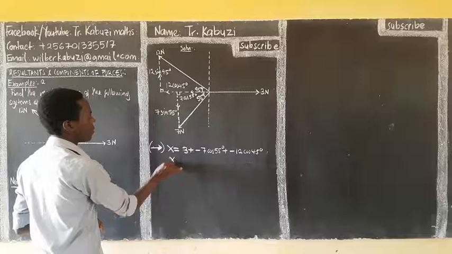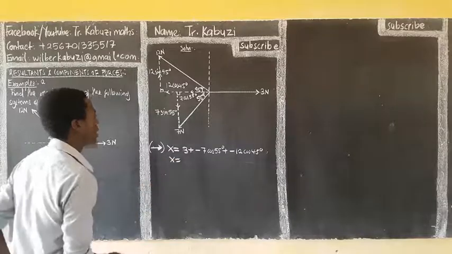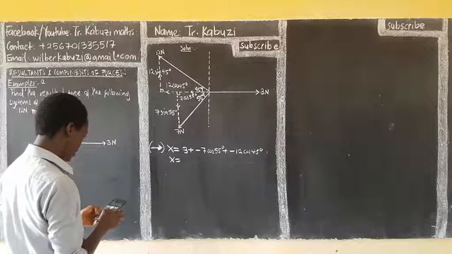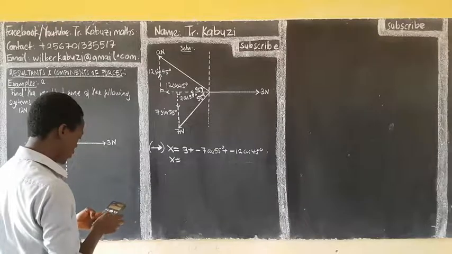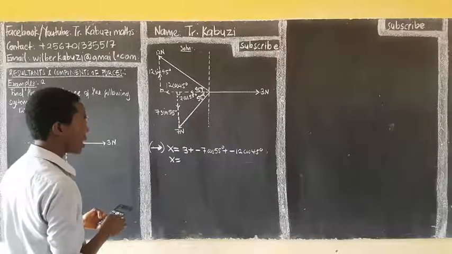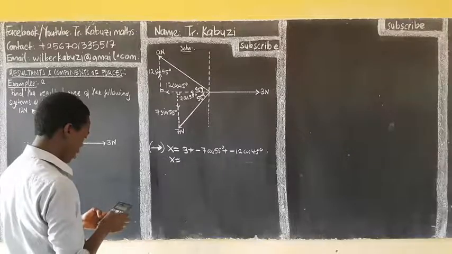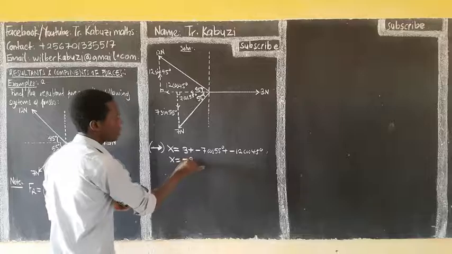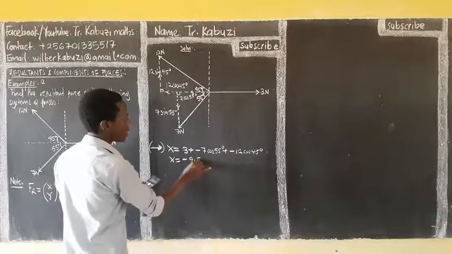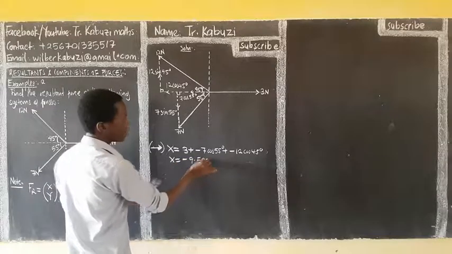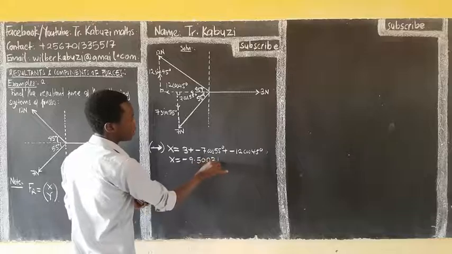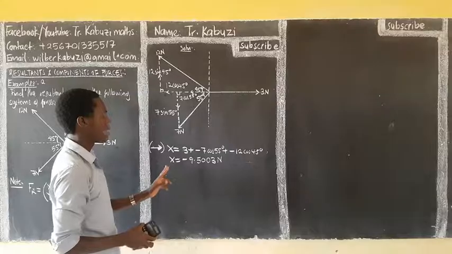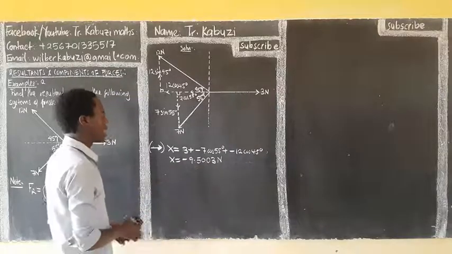When you press it on the calculator, 3 minus 7 cos 55, then minus 12 cos 45, it is going to give me 9.5003 newtons. All these forces have an x component of that.